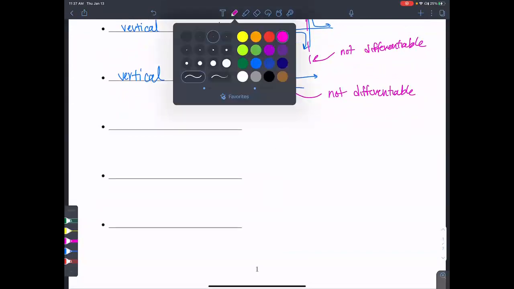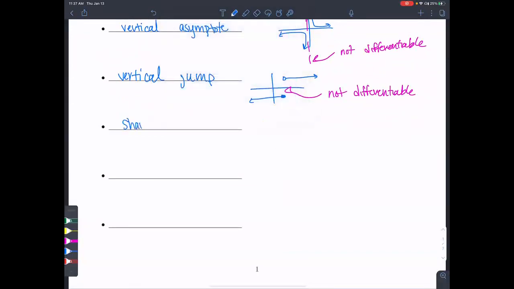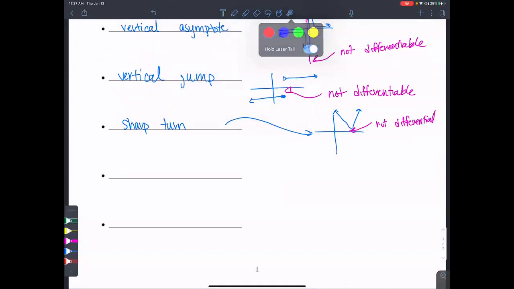Something else is a sharp turn. If you're looking at the graph, this is probably the interesting example here. At this point right here, this is not differentiable. You're trying to match the slope as you get closer and closer.